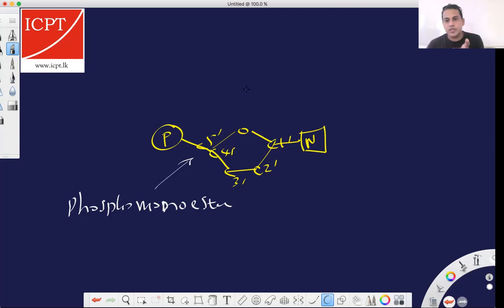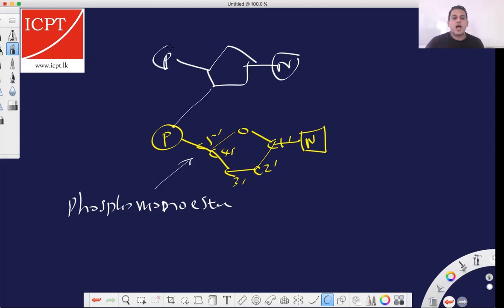When a nucleotide joins with another nucleotide, this phosphate makes another bond with the 3 prime position of the other pentose sugar. So then it's called a phosphodiester bond.